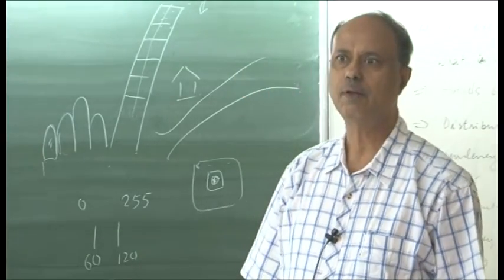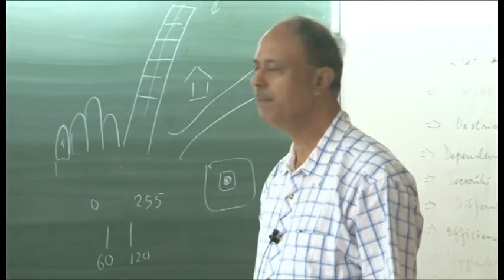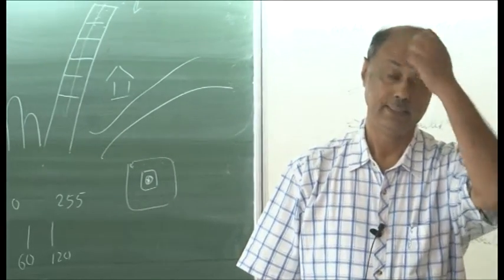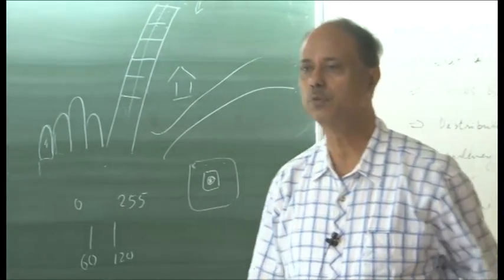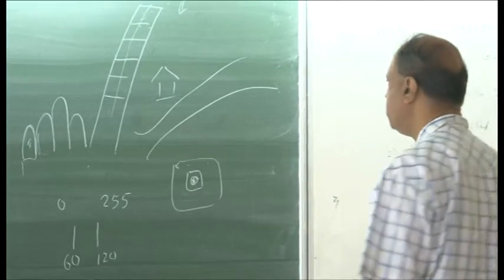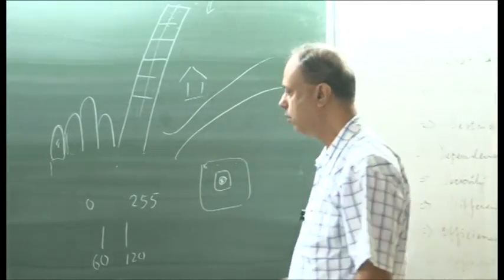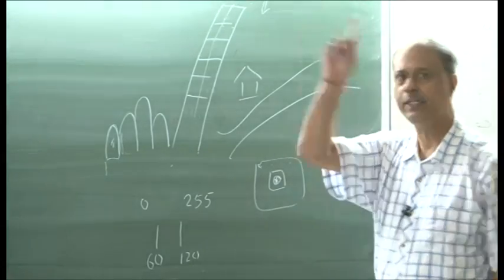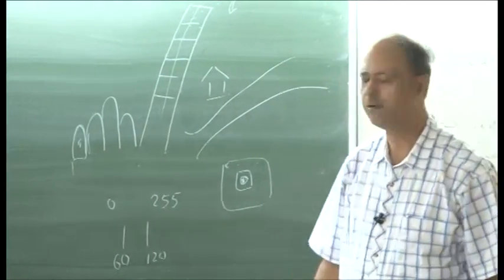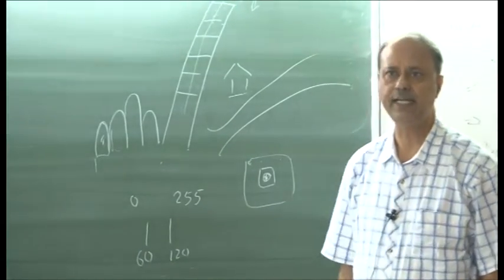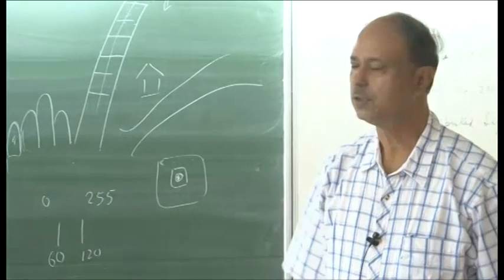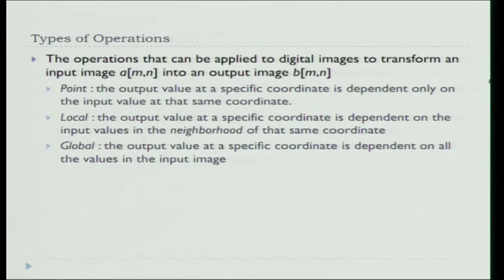Finally, the global operations. Global means that I will study the whole image to draw some conclusion. Say, for example, I want to know what the intensity range is. So, I will read the whole image and then I will tell that the minimum is 60 and the maximum is 120, right. So, this is a global operation.